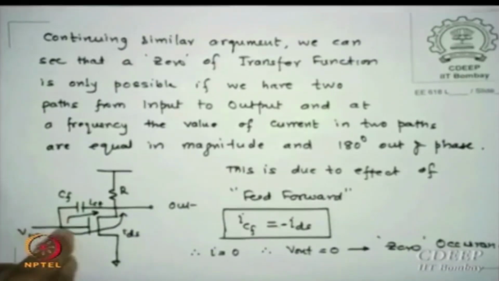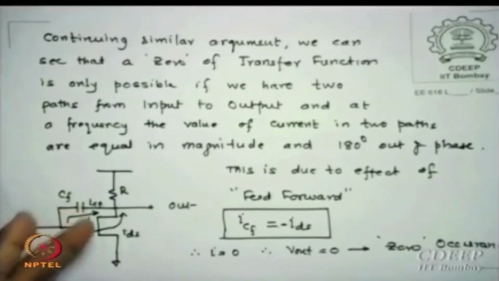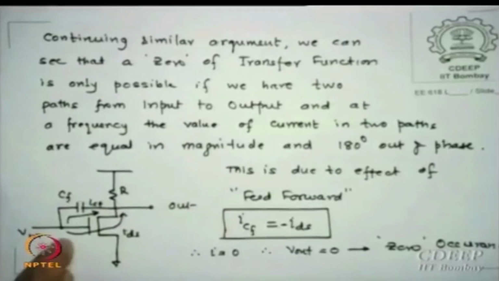Since this is a capacitive effect, the impedance is 1 upon omega C, so the currents are functions of omega. So it can happen that at this output node, if this current and this current are equal in magnitude at a given frequency, but since they differ in phase by 180 degrees, they may cancel.